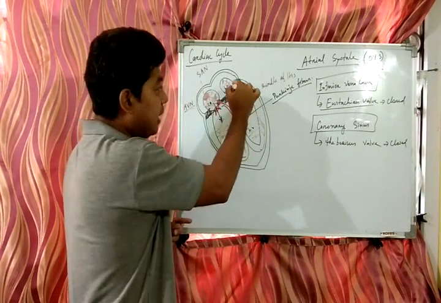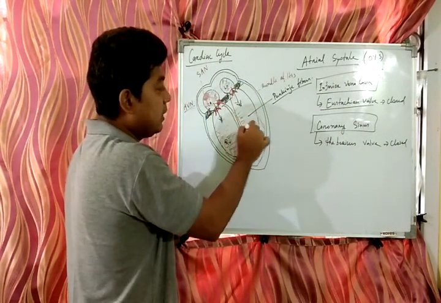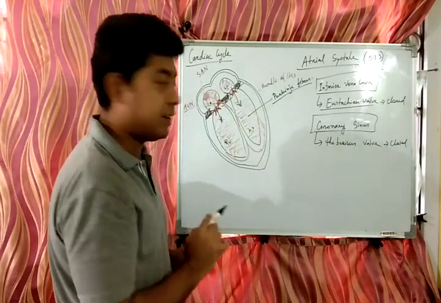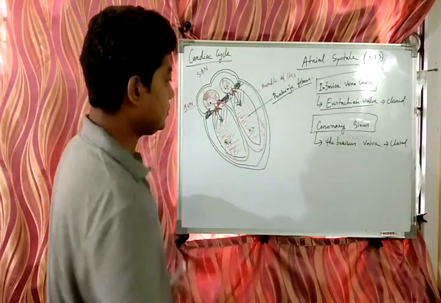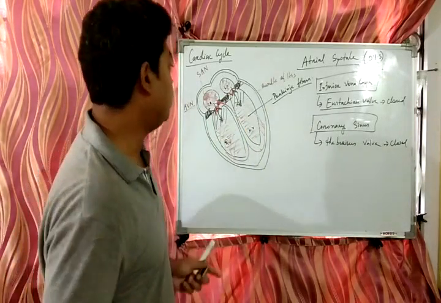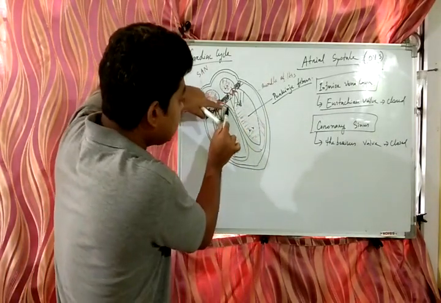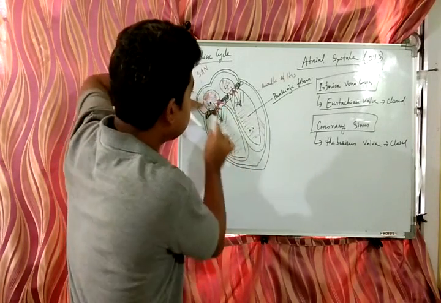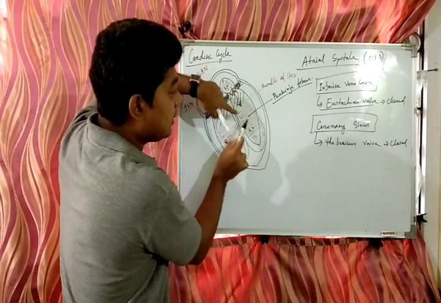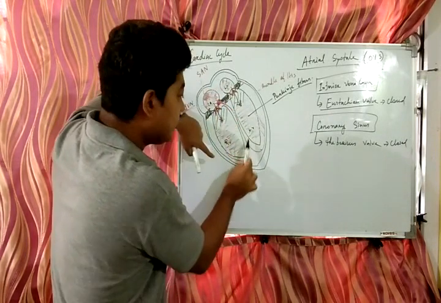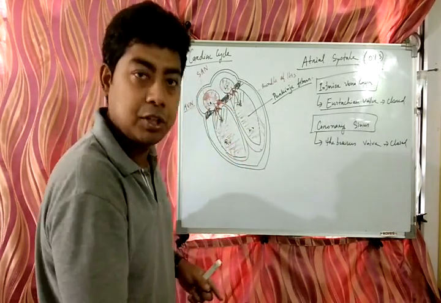To the right ventricle as well as the left ventricle from the left atrium. Then it fills the other parts. Now the action potential is coming through the SAN, AVN, through the bundle of His, then left and right bundles, and finally the Purkinje fibers.